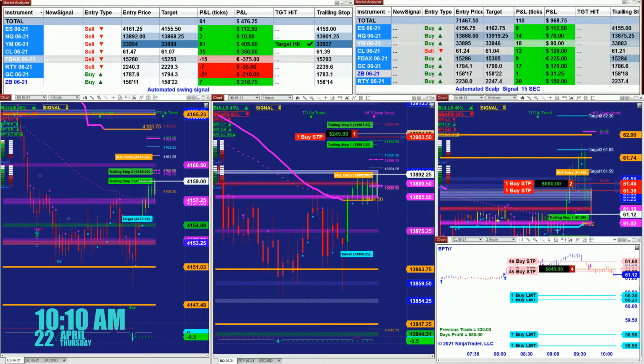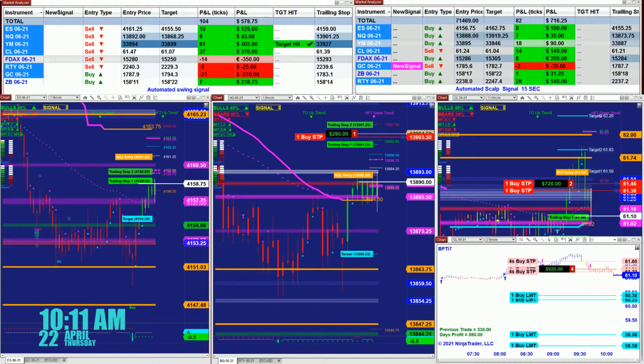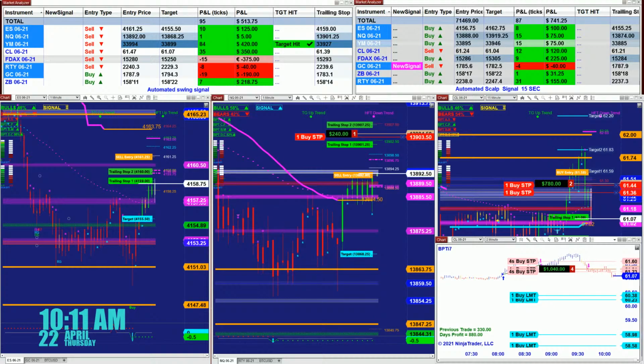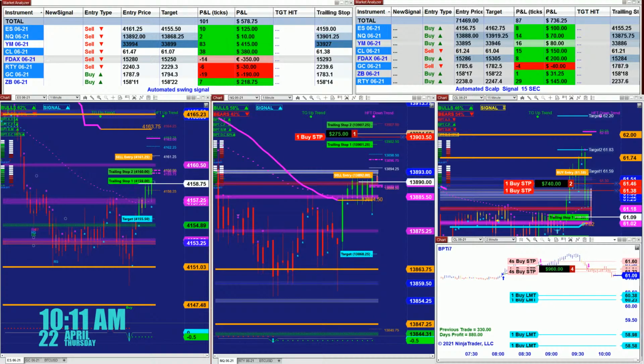We gotta keep monitoring the ES and Nasdaq. This is an extremely high risk area to trade from, and you gotta be very careful how you're approaching the market.